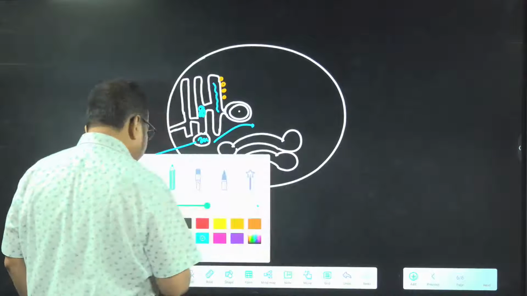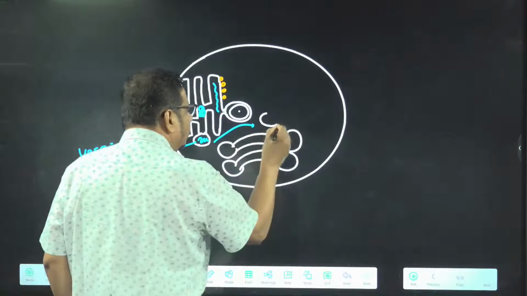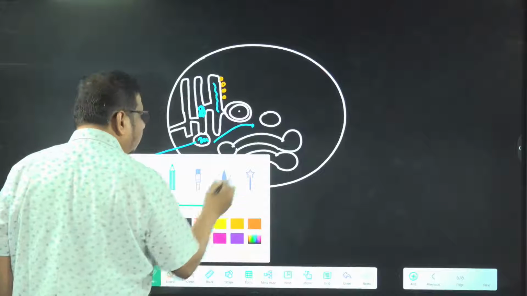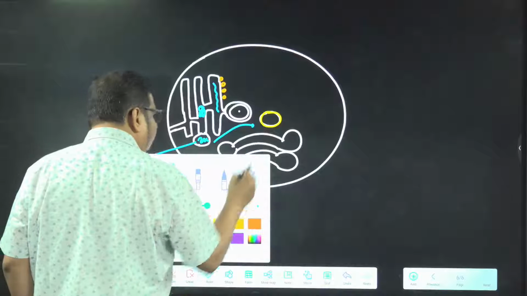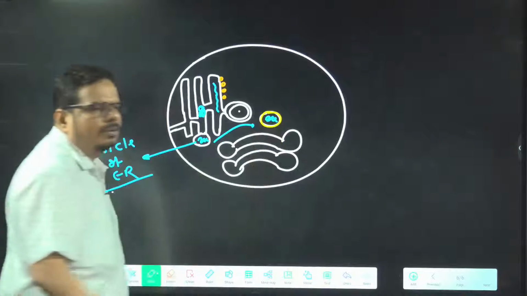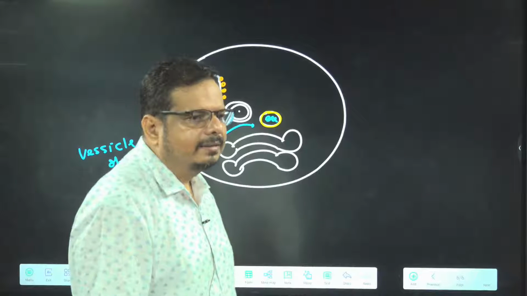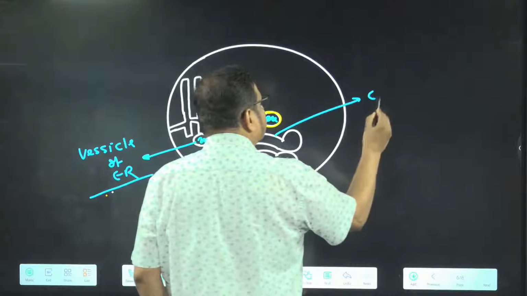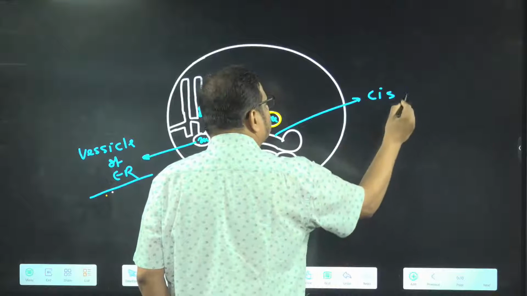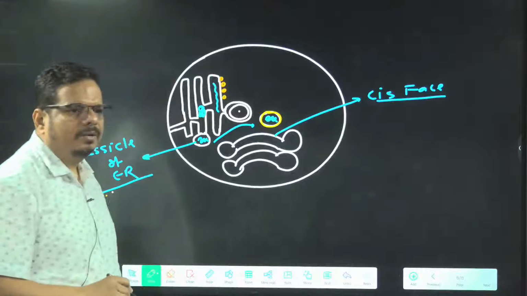This is the vesicle of ER, and in this vesicle the enfolded protein is there. Getting the things or not? Now it is which phase? It is the cis phase of the Golgi body.